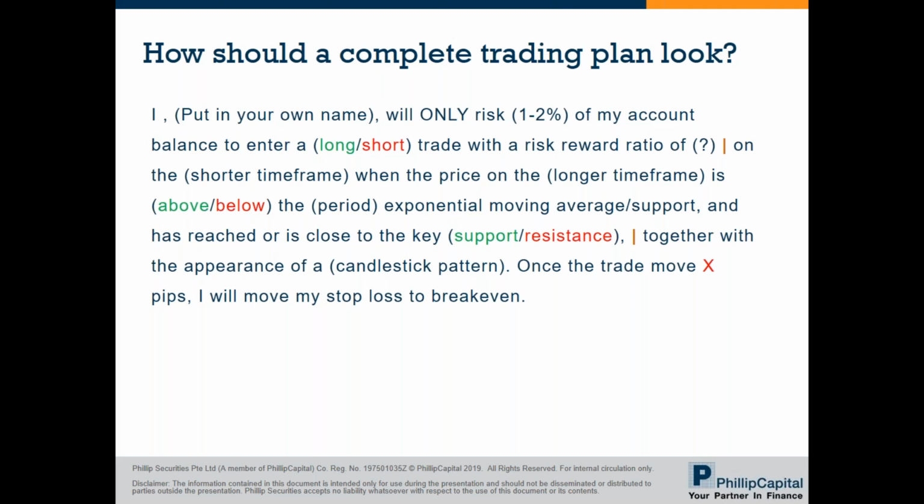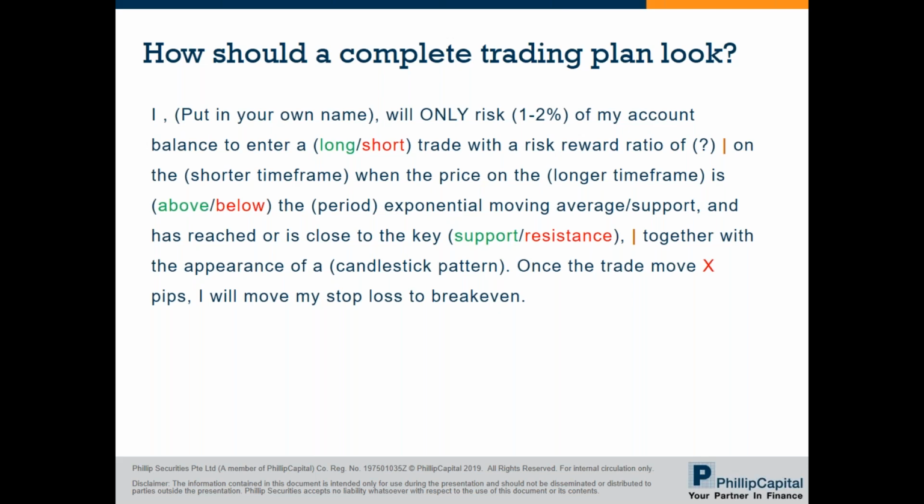On the shorter time frame, when the price on the longer time frame is above or below the exponential moving average, and the price has reached or is close to the key support or resistance, this is where you start to identify your entry and exit rules.